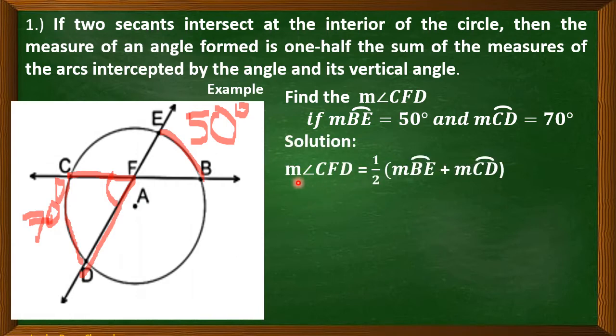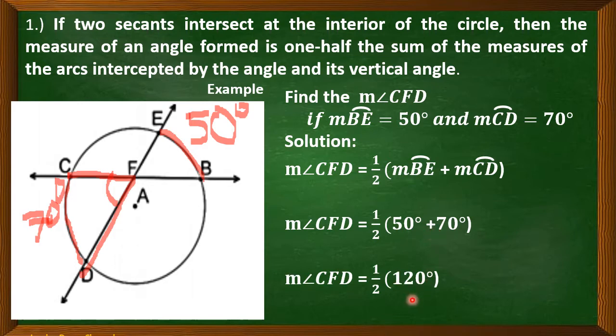The measure of angle CFD is equal to 1/2 times the quantity of measure of arc BE plus measure of arc CD. By substitution, arc BE is 50 and arc CD is 70. 50 plus 70 is 120 and half of 120 is 60 degrees. So this angle here is 60 degrees.